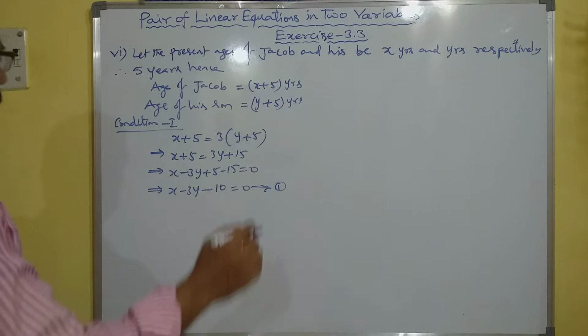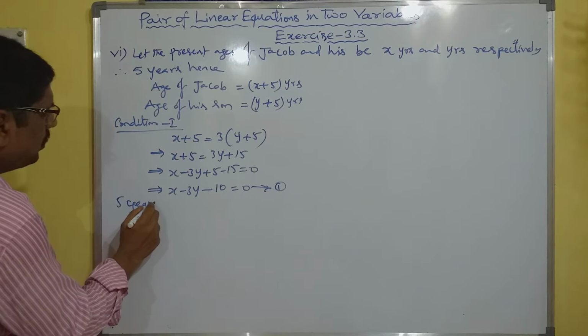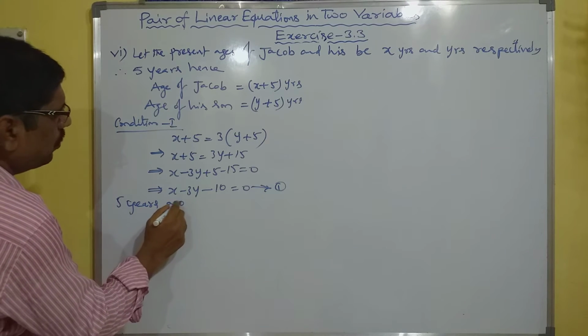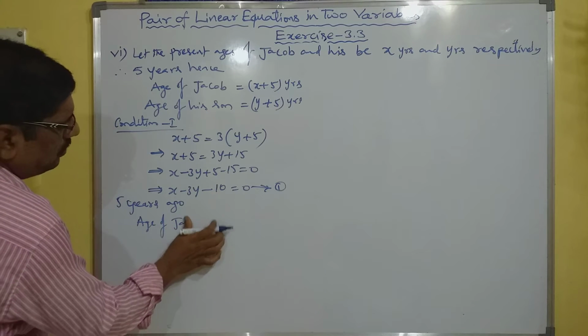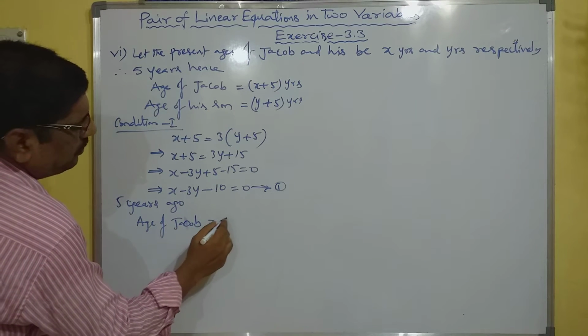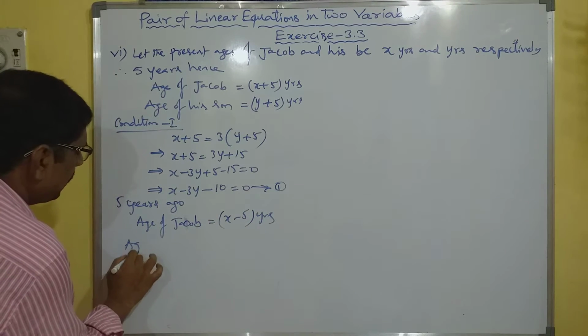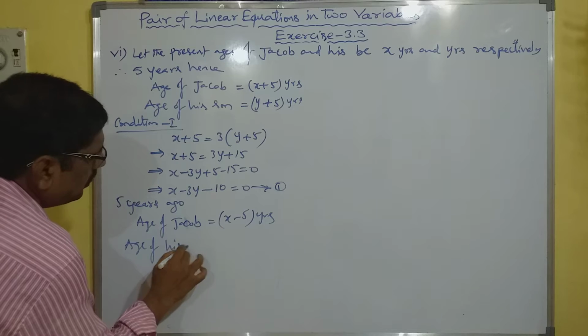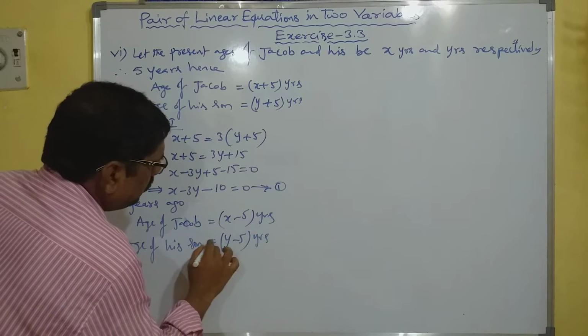Now the next condition, 5 years ago. 5 years ago, age of Jacob. What is the age of Jacob 5 years ago? That is x minus 5. And age of his son, obviously y minus 5 years.